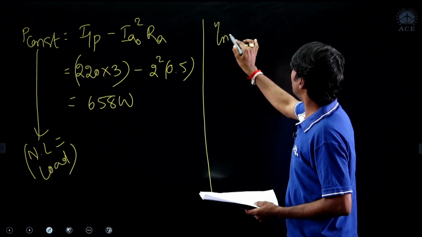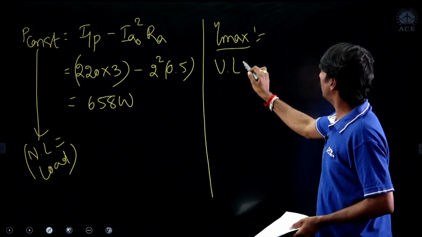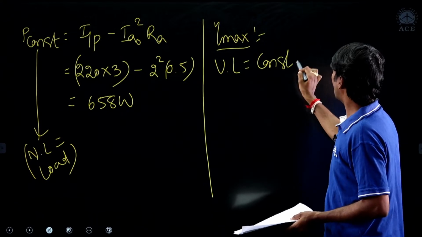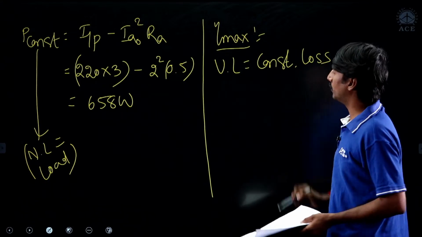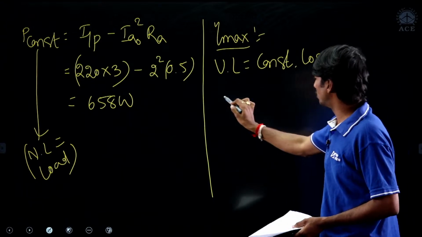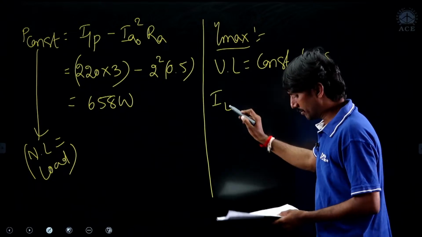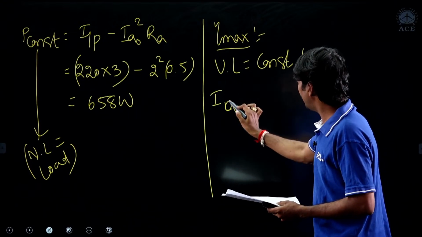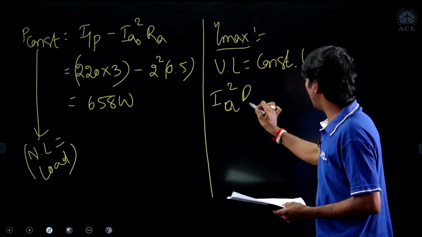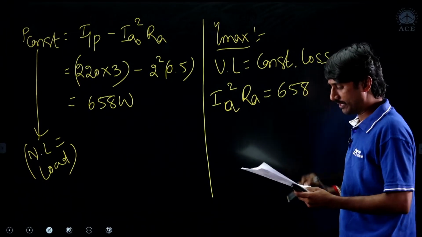Sir, what is the maximum efficiency condition? Variable loss is equal to constant loss. But which loss do we have to consider? Load losses. So therefore, IA load square RA is equal to constant loss, which is how much? 658.